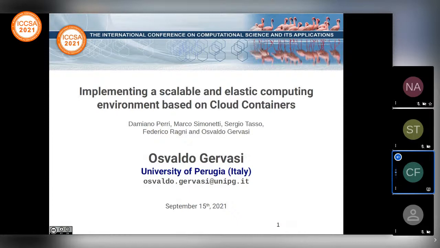The basic idea behind this paper is that we want to present a solution, a series of best practices, and to implement a very reliable and scalable architecture based on cloud resources. All the stuff is based on open source software.